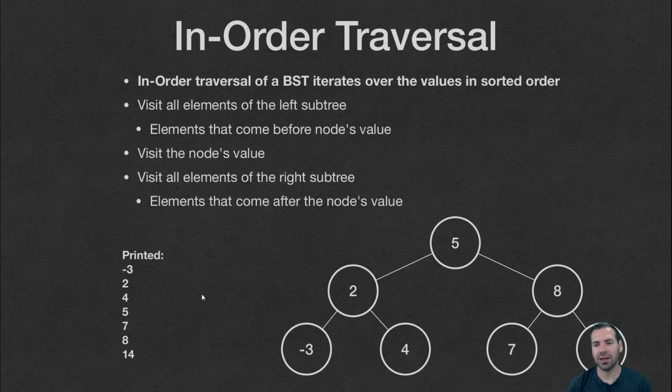And this exactly follows the property of a BST. If we're doing an in-order traversal, we visit the entire left subtree, then the node's value, then the entire right subtree, which is exactly what a BST is. Everything to the left is less than, then visit the node, then everything to the right is greater than or equal in our implementation.